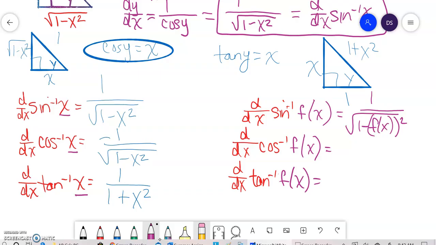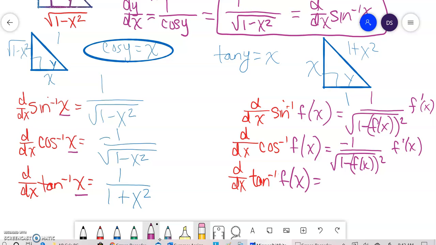So that's the derivative of the outside times the derivative of the inside, times f prime of x. That's your chain rule. Cosine: negative 1 over the square root of 1 minus f of x squared, times f prime of x. Again, that's your chain rule.